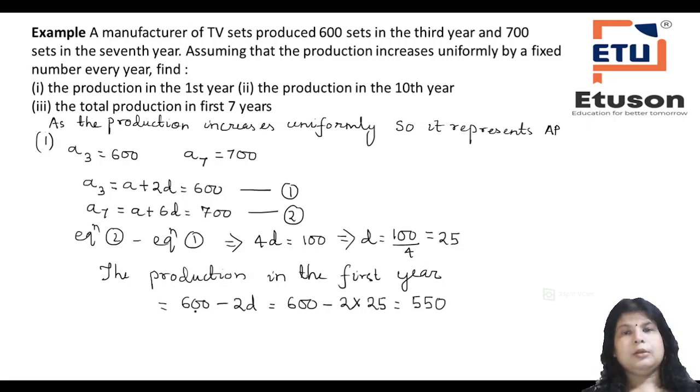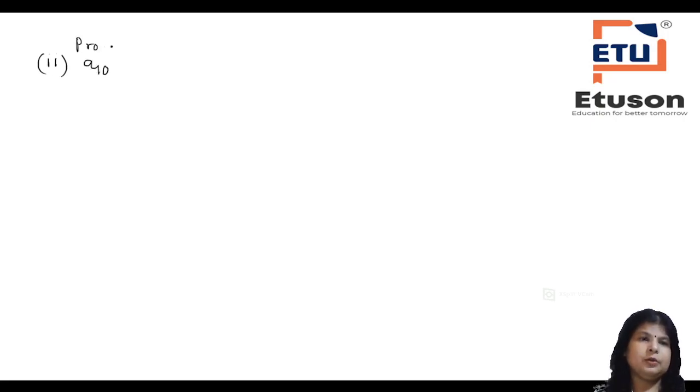Now, you have to find out the production in the 10th year and the total production in the first 7 years. In order to find the production in the 10th year, that means A10, production in the 10th year is nothing but A10. And what is the formula for A10? It is a plus 9d.